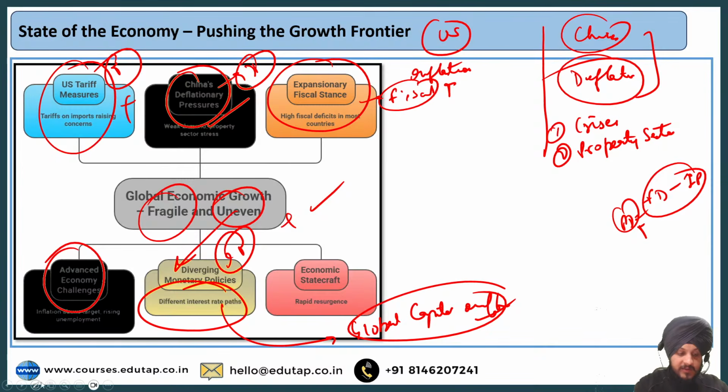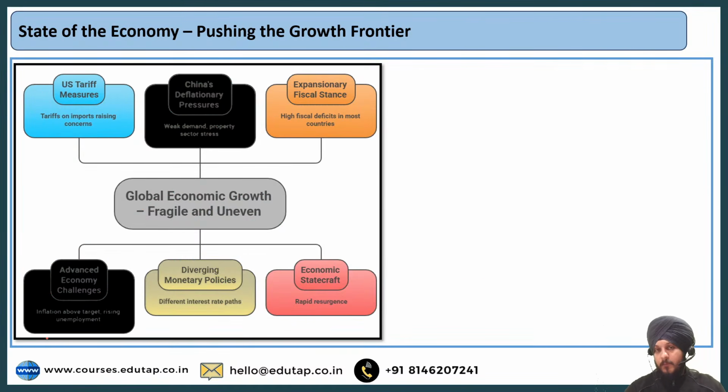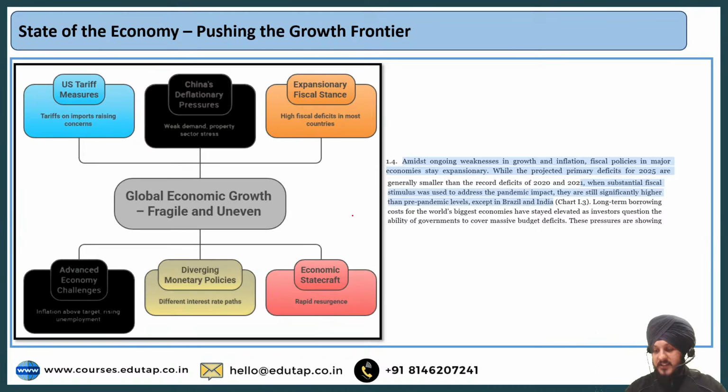But the economic survey highlights two very important exceptions, and these are Brazil and India. Now, I have pasted this statement for you. This is what the economic survey says: amidst the ongoing weakness in growth and inflation, fiscal policies in major economies stay expansionary, while the projected primary deficits for 2025 are generally smaller than the record deficit of 2020-2021, when substantial stimulus was used to address the pandemic impact.